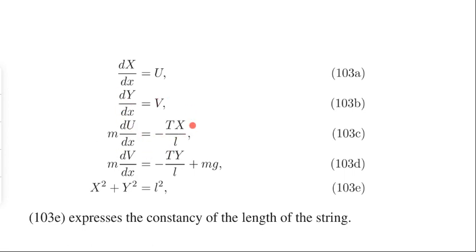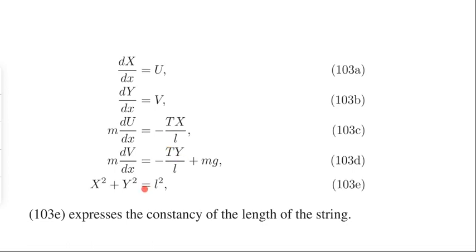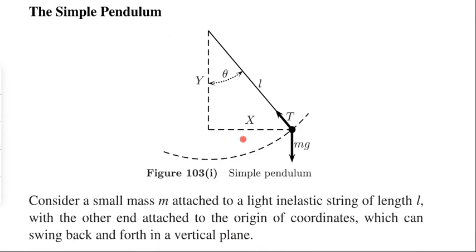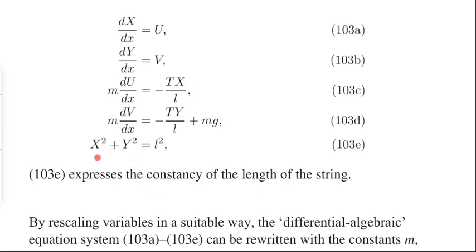Also, we will have these two laws based on Newton's second law, and also, subject to this figure and based on some geometry rules, we know x squared plus y squared will be equal to L squared. So we will have x² + y² = L².